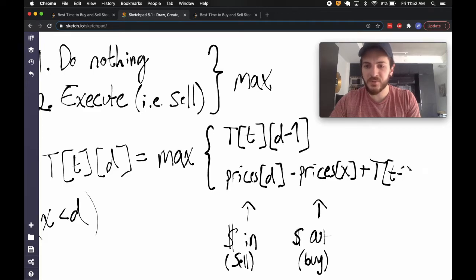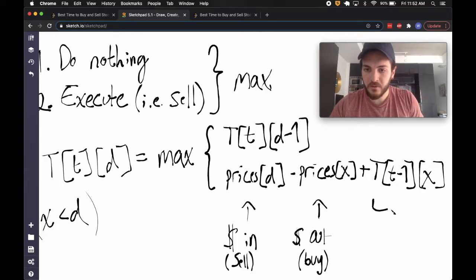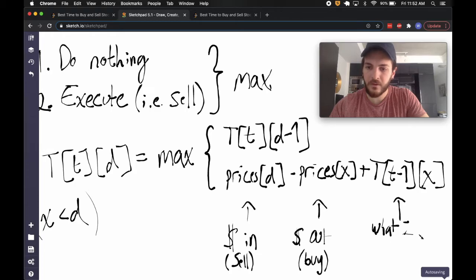So I'm going to write this one out and then I'll explain it. We had transactions minus 1 at a certain day X. So this right here is what I made before buying.